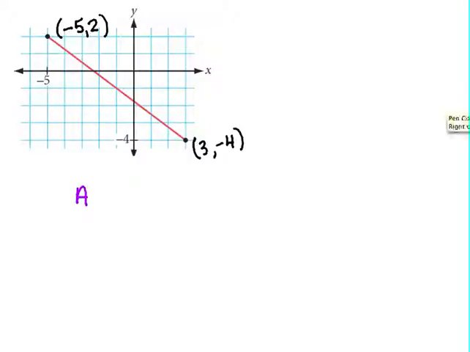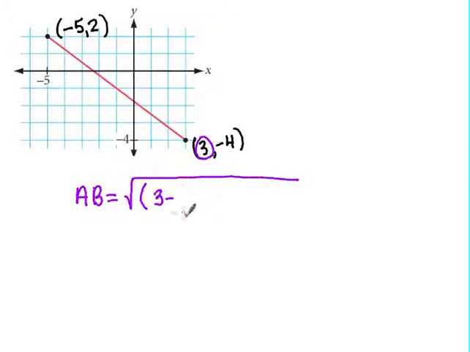So to now apply the distance formula here, that's going to equal the square root of, so I'm going to start with my x's. So 3 minus what? Negative 5, squared. Then I'm going to add negative 4 minus 2, squared. 3 minus negative 5 is 8.